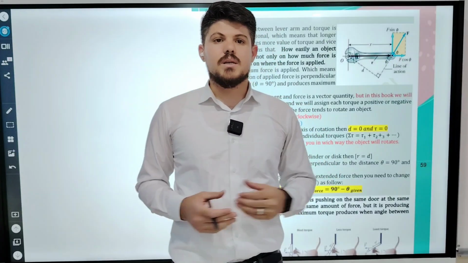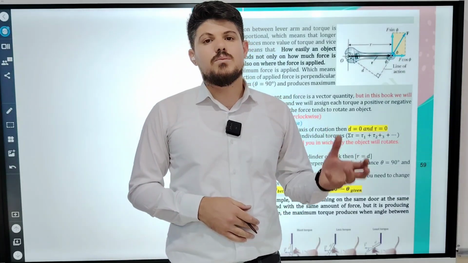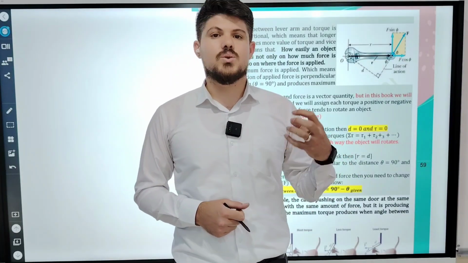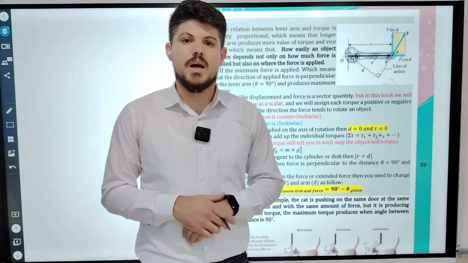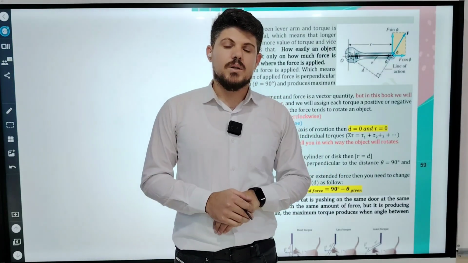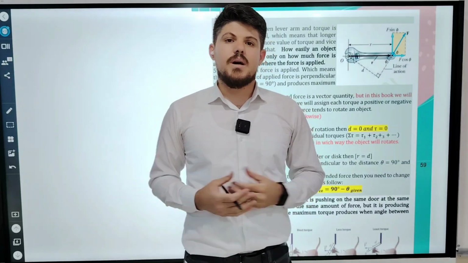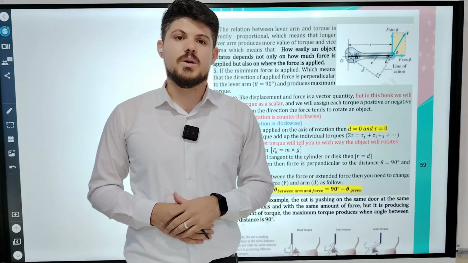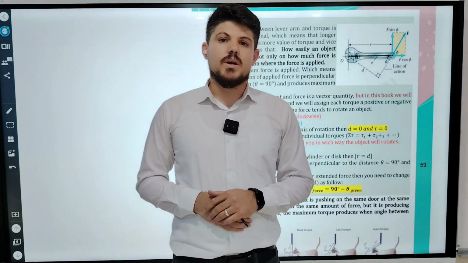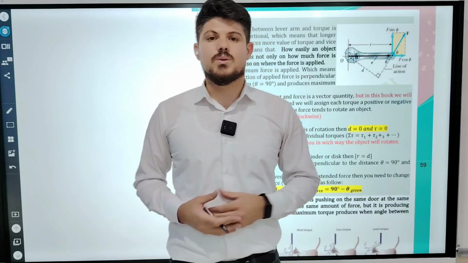Finally, we can say the object is considered an extended object when it has rotational motion, or both rotational and translational motion. But an object is considered a point mass if it has only translational motion, such as a dropping ball, or moving an object from one position to another without rotating.